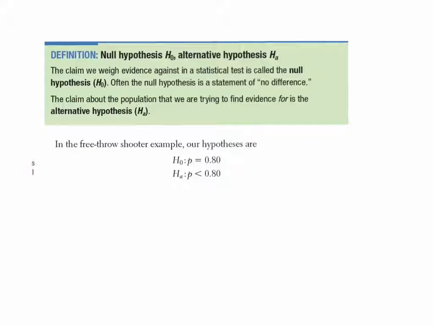For example, when we were talking about that basketball player, there was a claim that the player's shooting percentage was 80%. So he would make 80% of his free throws. I can't remember what the example we just looked at was, so let's just say it was a free throw percentage. Well, we're going to take that for what it is. Now, when we tested him, we know that he shot at 64%.